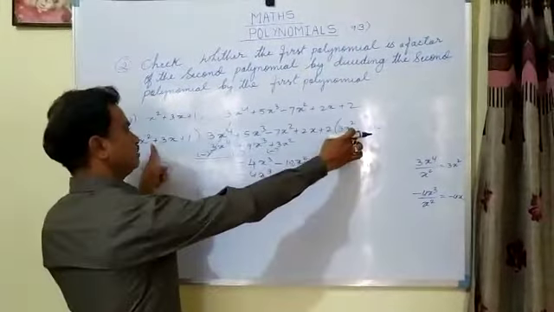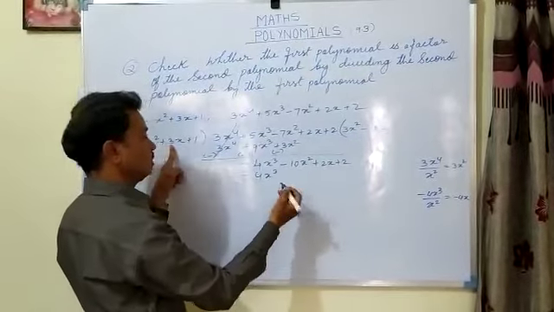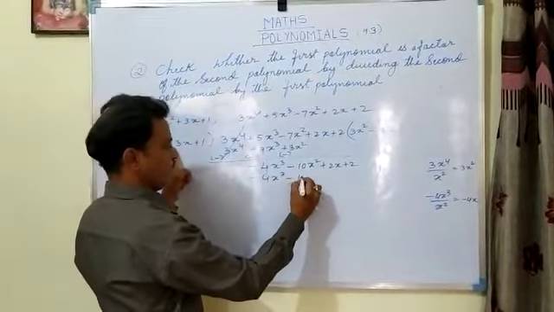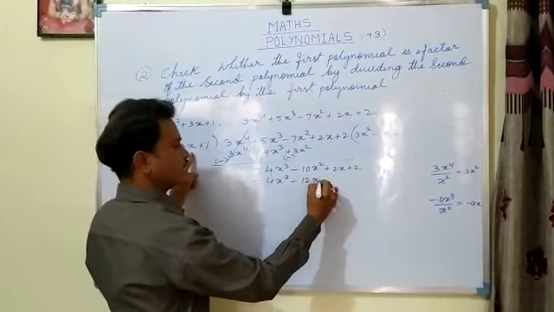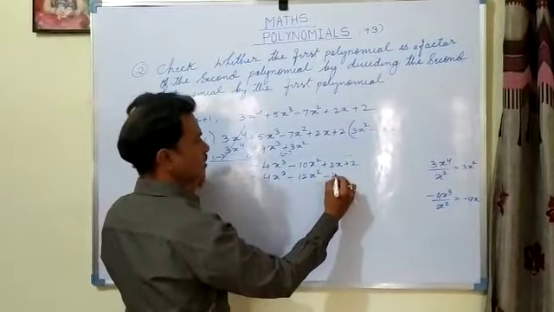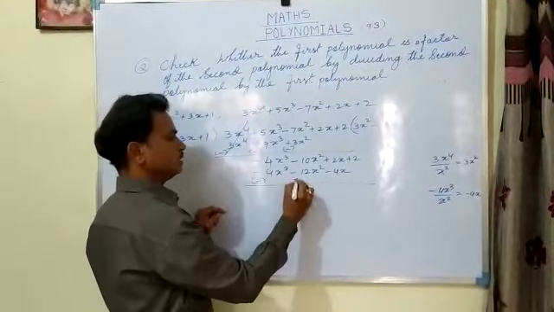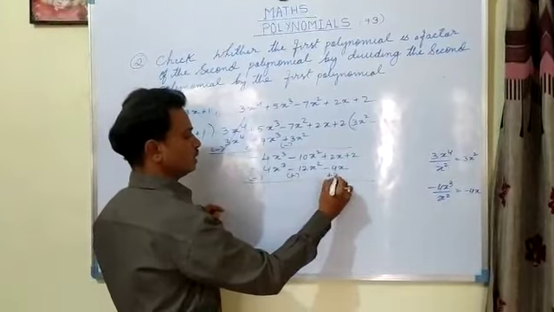Plus into minus, minus 3x into 4x, 3 4s are 12, minus 12x square. Plus 1 into minus 4x, minus 4x. Opposite signs, plus, plus, plus.